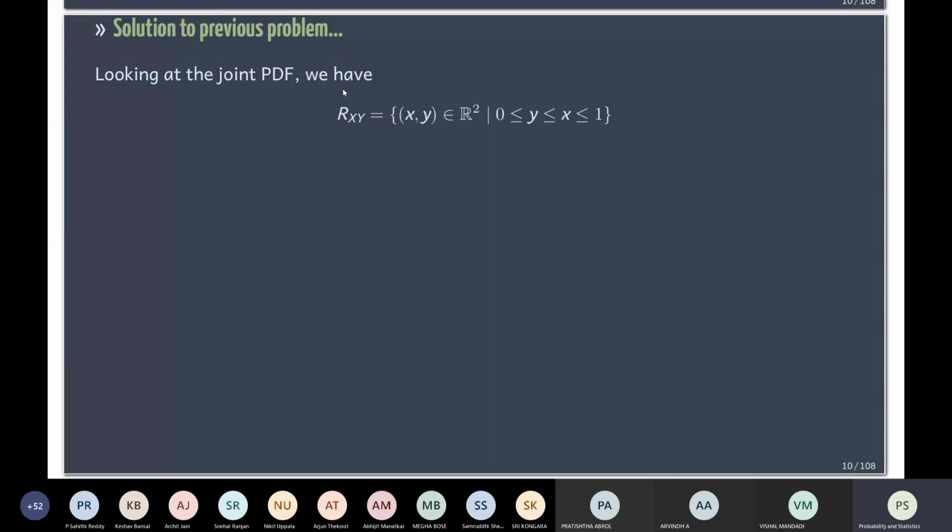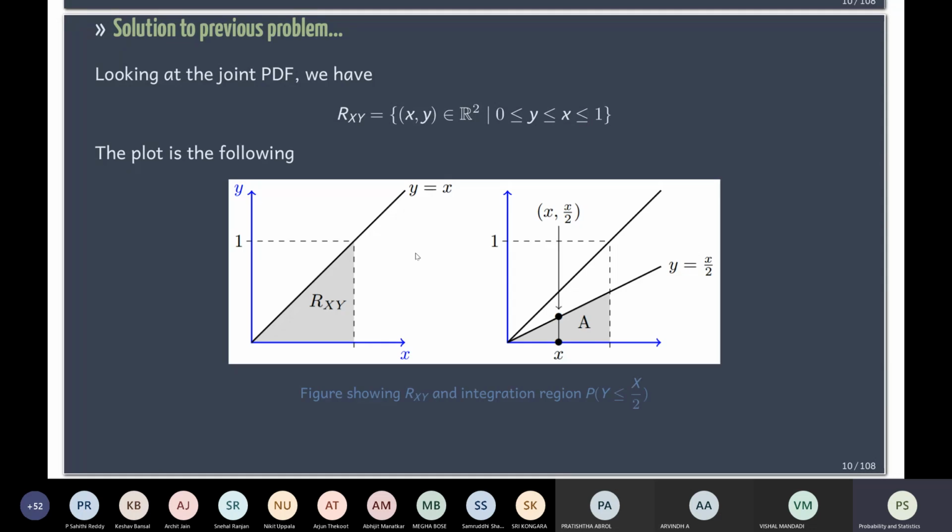Looking at the joint PDF, this is the plot. First of all, it helps to draw the line y equals x. The places where y is less than or equal to x, the pairs (x, y) such that y ≤ x, form the region below the diagonal.